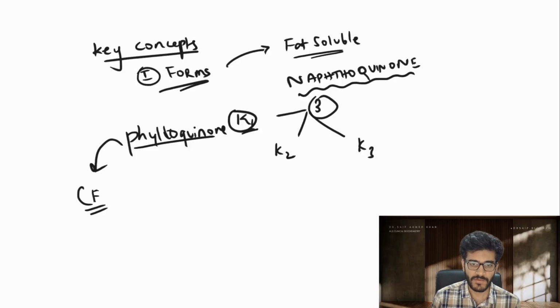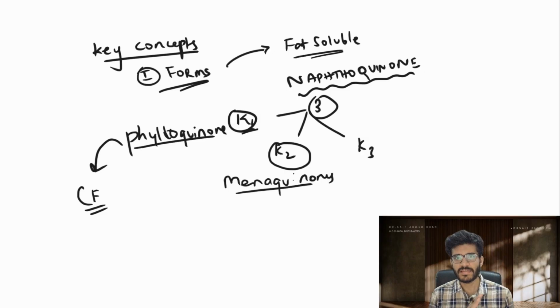Then we have vitamin K2. Now these are called menaquinones. This is a diverse group. Some forms are synthesized by our own friendly gut bacteria, your internal production unit. Others are found in fermented foods like natto. Have you heard about natto? It is less common in India. But think fermented idli dosa batter. Though not directly a source, but it is a source.